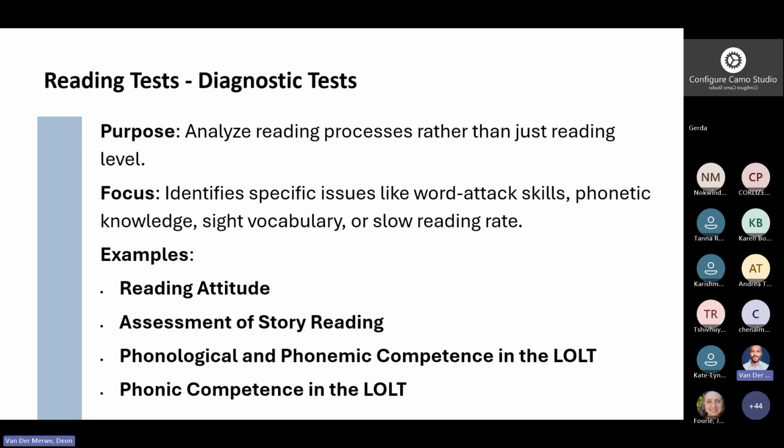And so, for example, analyzing specific errors might reveal issues such as poor word attack skills, lack of familiarity with certain phonetic elements, for example vowels and consonant blends, inadequate sight vocabulary, or a slow reading rate.